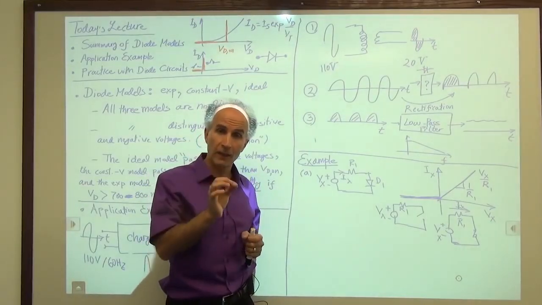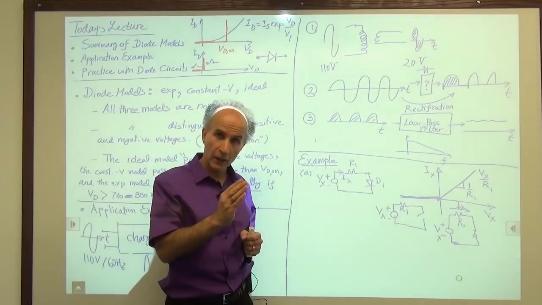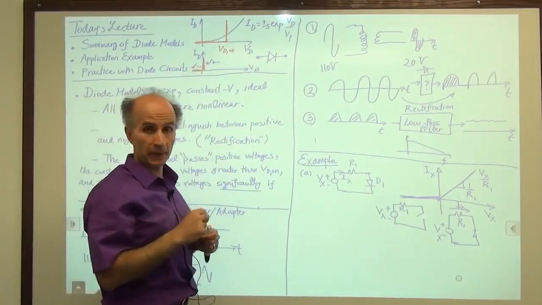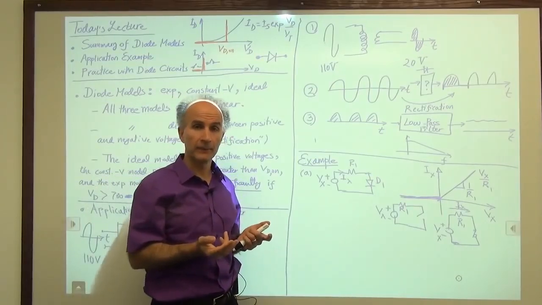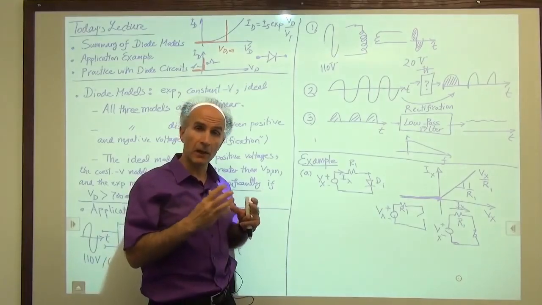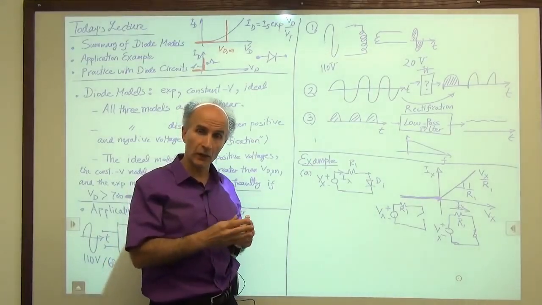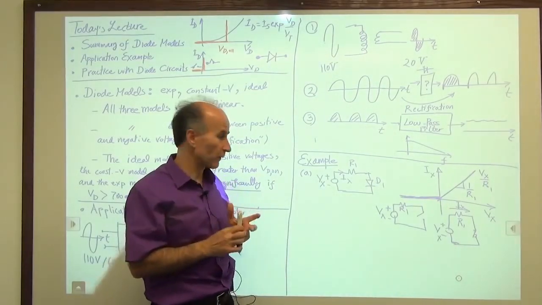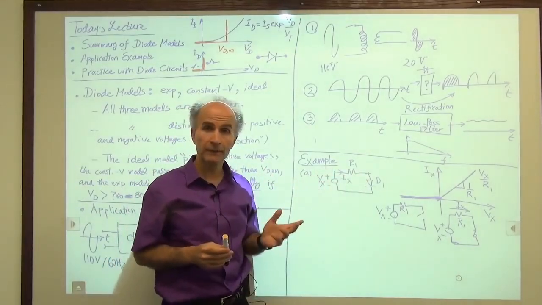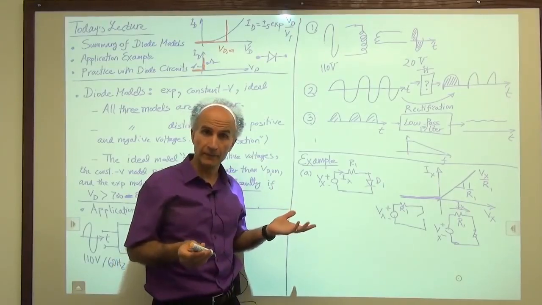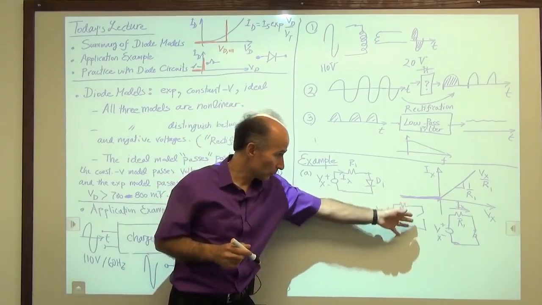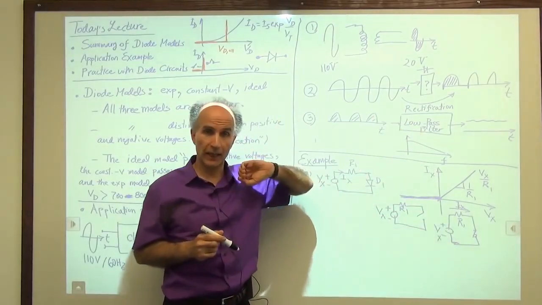We have to make that determination at this point in order to replace the diode with an open circuit or a short circuit. It's not arbitrary. But if the situation is complex, it may not be obvious at that point whether the diode is on or off. So if I say Vx is minus 2 volts, am I sure that the diode is off? How do I know that? Maybe the analysis would be too complicated without carrying out the calculation all the way to the end.